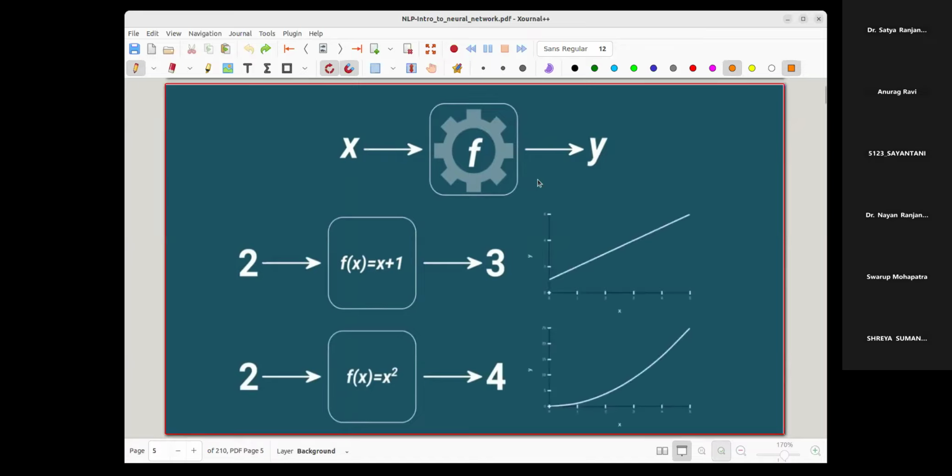When we plot a function, in the x-axis we plot the input and in the y-axis the output. For this function, when we plot input versus output and combine the points, you get a straight line. And for this one, it is a curve-like function.